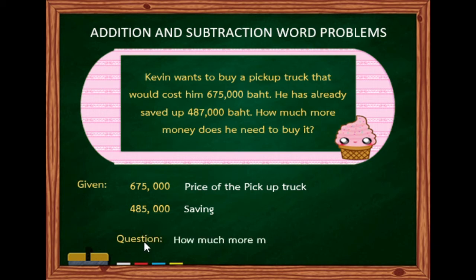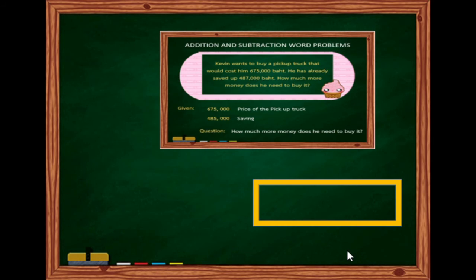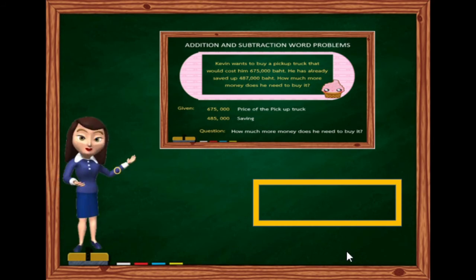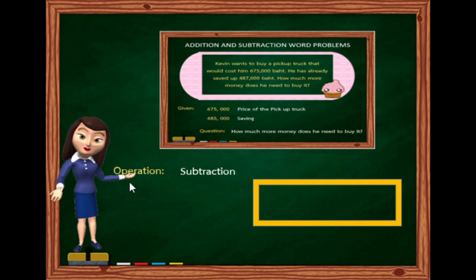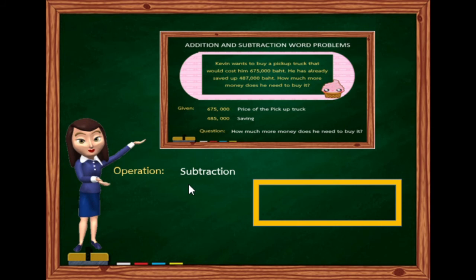The question: how much more money does he need to buy it? So he has already 487,000 baht, but the price of the truck is 675,000. What shall he do? Next, we will have the operation.